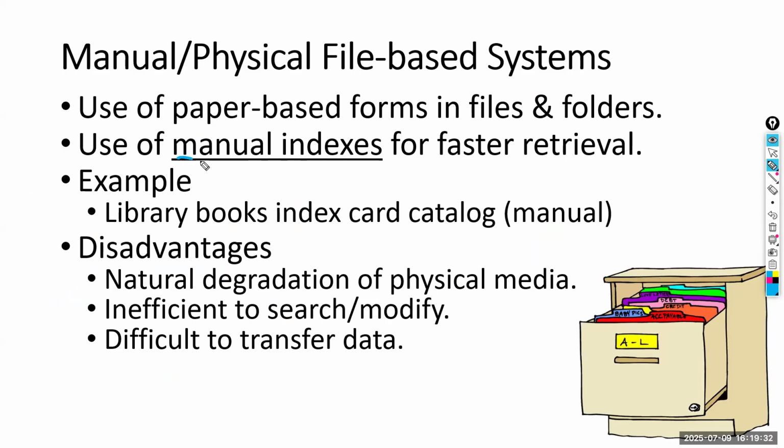Maybe we use manual indexes for fast retrieval, like some libraries that still have index cards. If you go to government offices, you can still see files of deeds and so on.